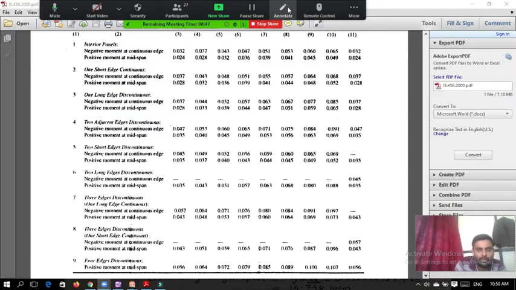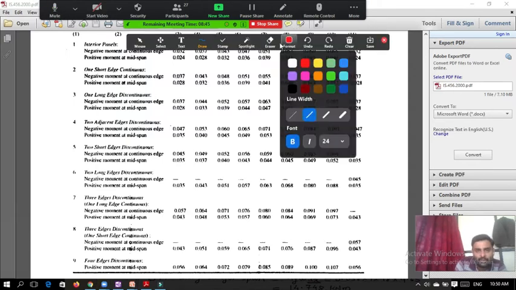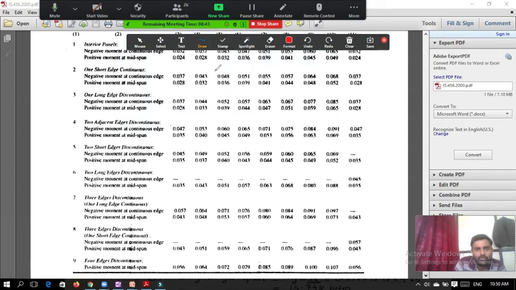In the problem nothing is specified, so you are free to assume any condition. So here in this problem we assume that all the edges are discontinuous. We have assumed that all 4 edges are discontinuous. This 9th condition we have assumed. You can assume any of the conditions which are given over here, and accordingly you go for finding out the coefficient.